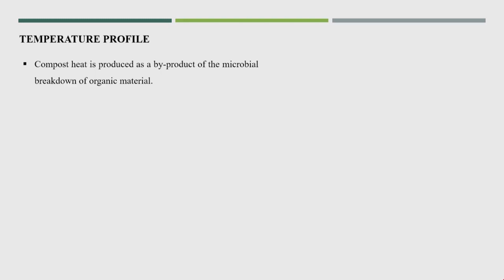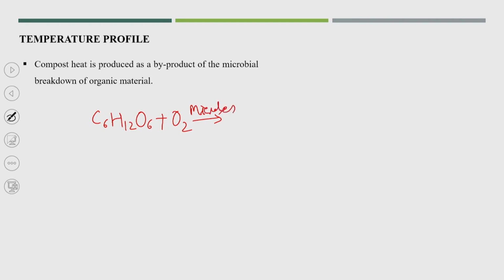It is difficult to have the proper chemical formula of organic waste, but by a simple formula we can understand how heat is produced: C6H12O6, once it reacts with oxygen with the help of microbes, produces 6 carbon dioxide and 6 H2O plus some energy, and finally we get some sludge or residue.